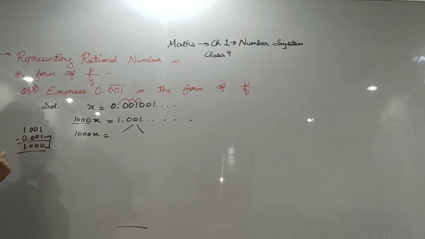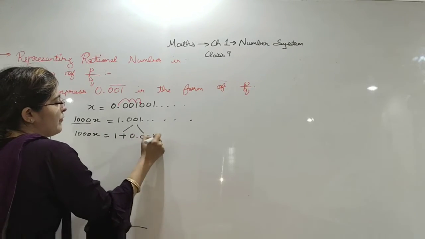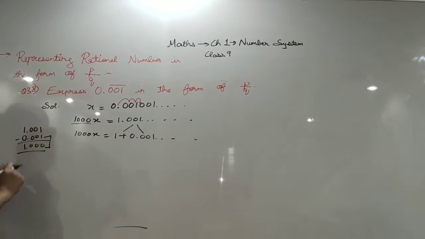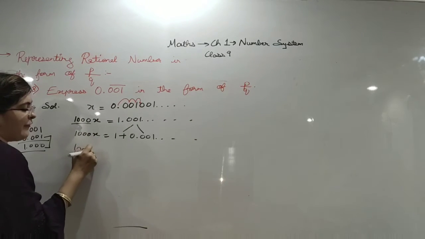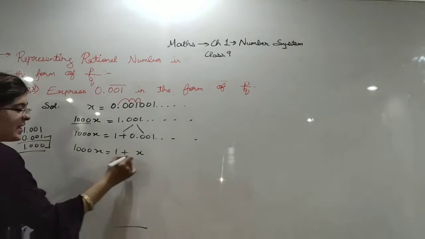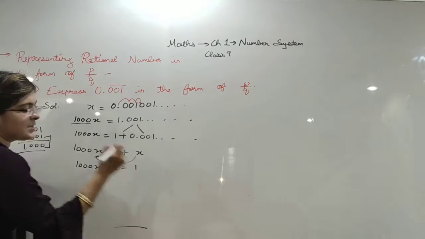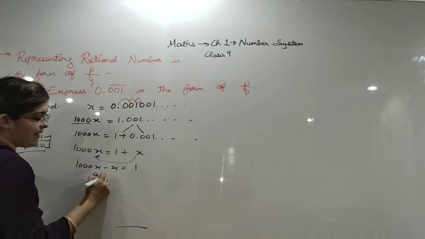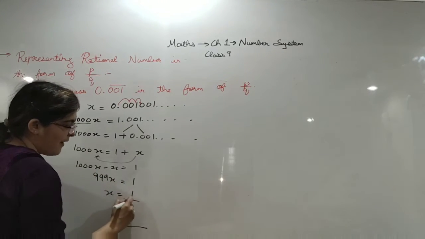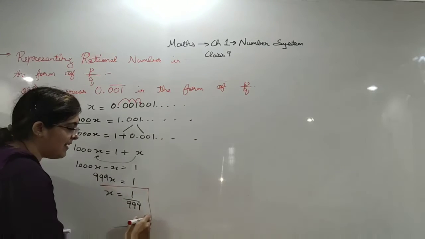So this plus this can be written 1 plus 0.001 and so on. Now again 0.001 was x. So we will put the value of x here. Now x will go towards LHS. It will become 1000x minus x equals to 1. Now it will become 999x is 1 and finally your x is 1 upon 999. This is your final answer.